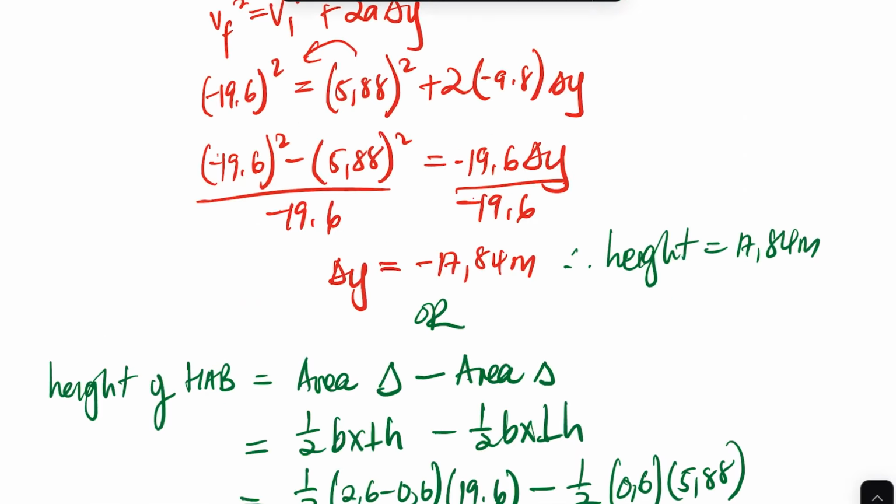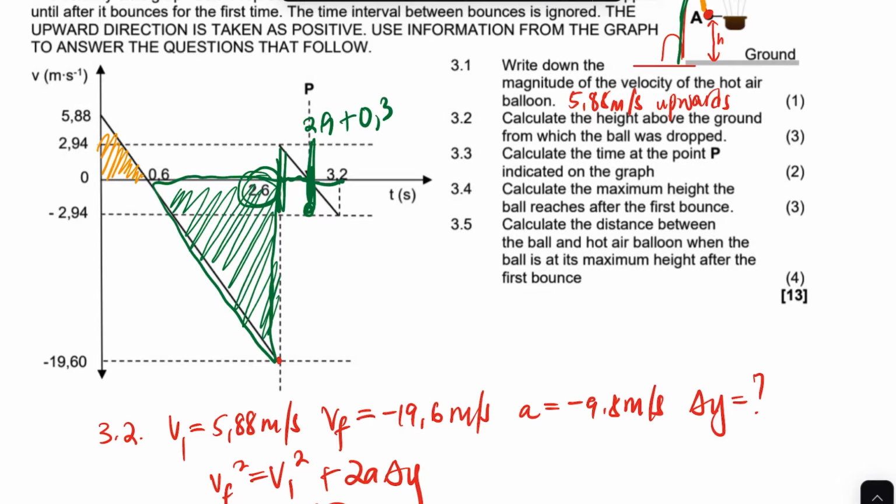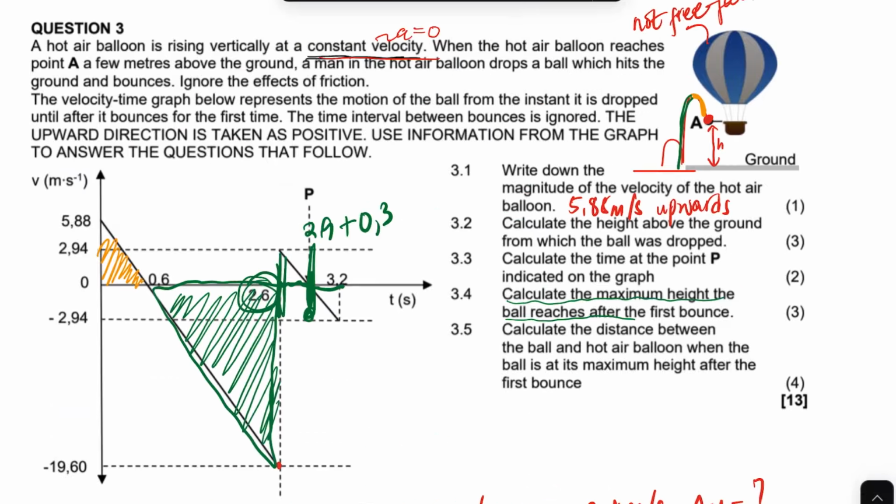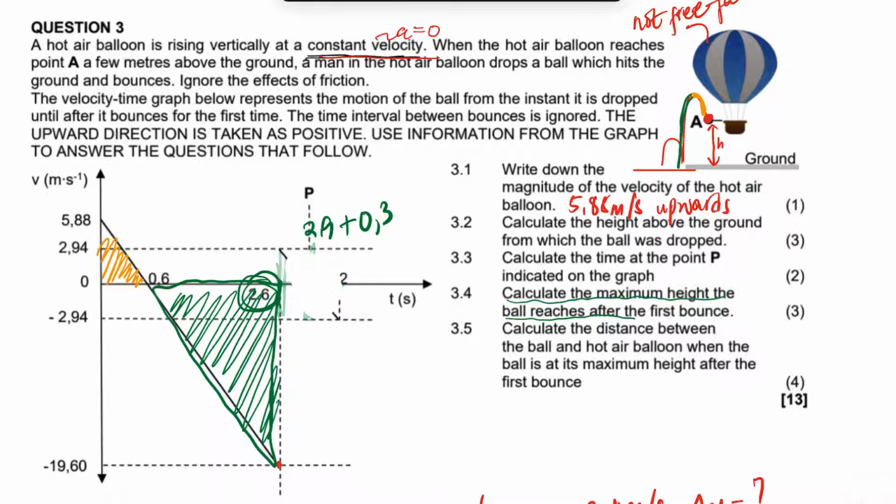Okay, now let's look at 3.4. It says calculate the maximum height the ball reaches. Okay guys, let me show you another way to do this, the alternative way. Let me erase that. So we want the time there, but what is important is you have the velocity there and the velocity there.